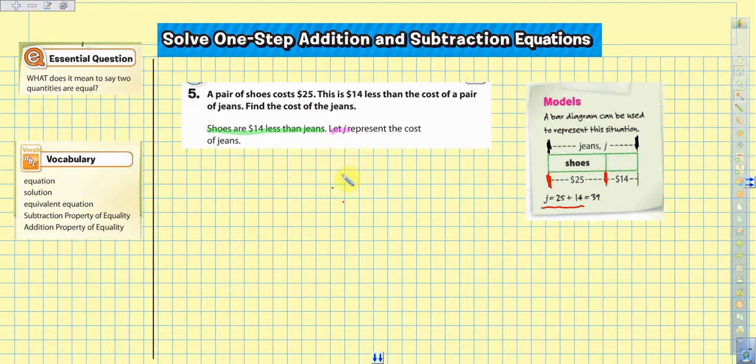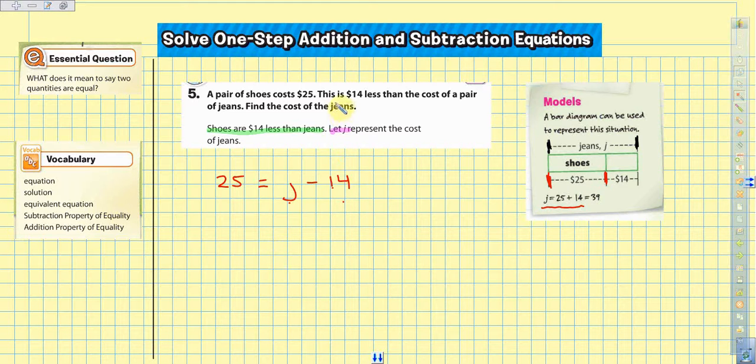25 is equal to j minus 14. So our thinking on this is that our jeans less 14 is equal to the cost of the shoes.